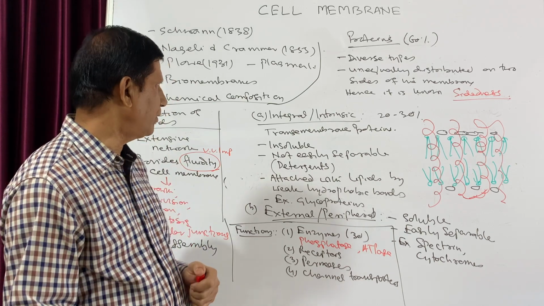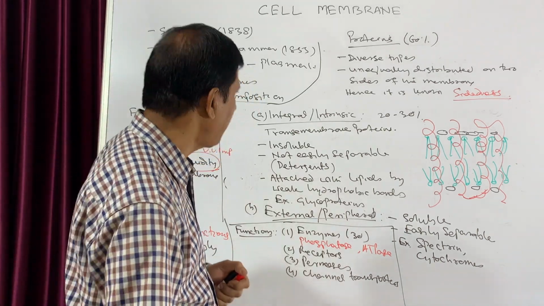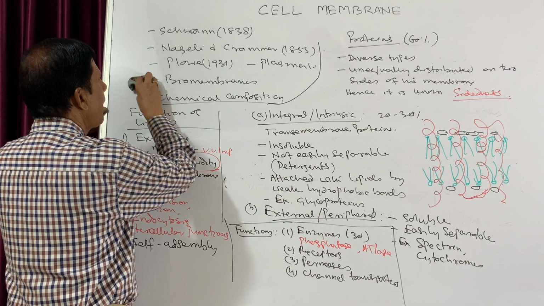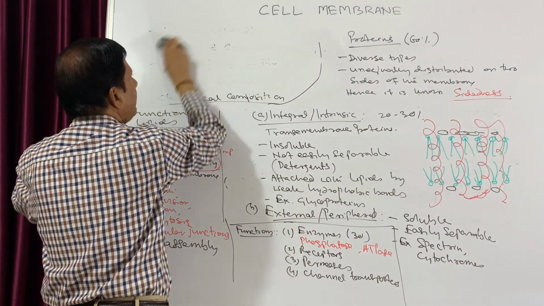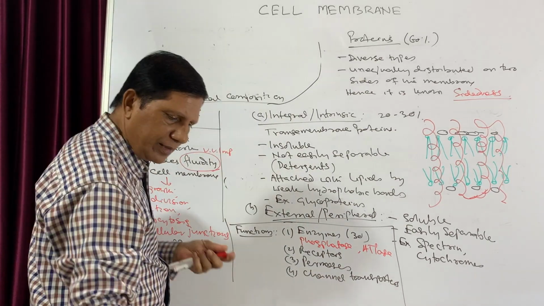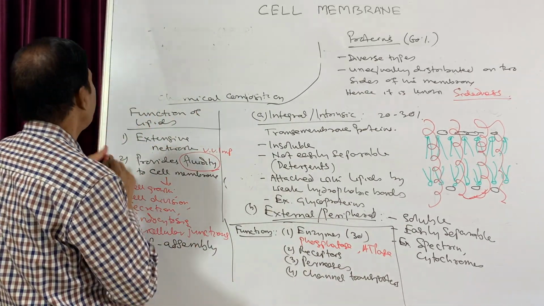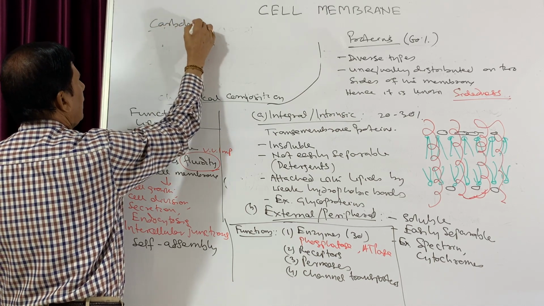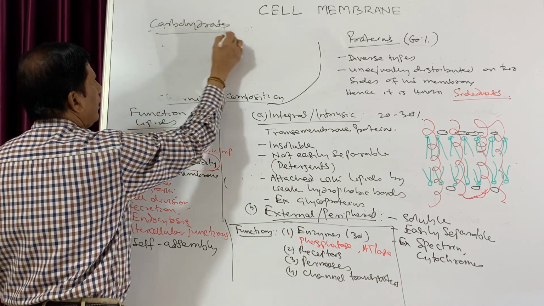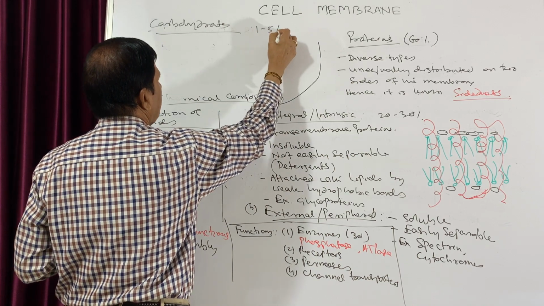Now the third category is carbohydrates. The carbohydrates constitute only 1 to 5%.